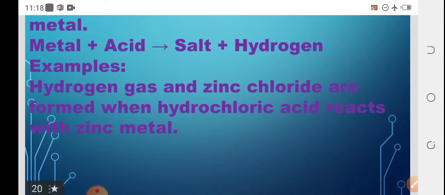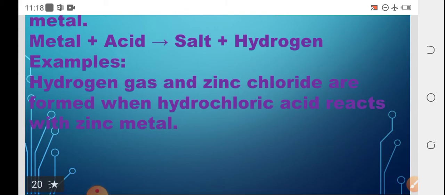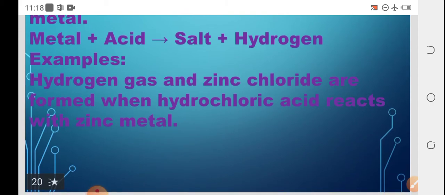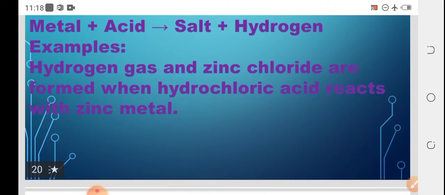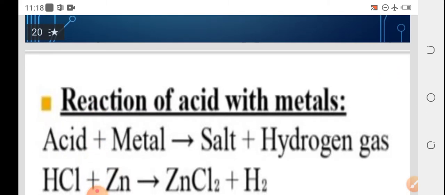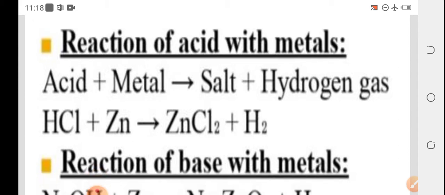For example, hydrogen gas and zinc chloride are formed when hydrochloric acid reacts with zinc metal. So that is the reaction of acid with metals. When acid and metal react, they give salt plus hydrogen gas.